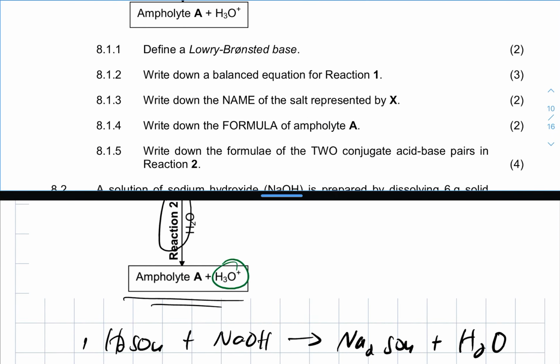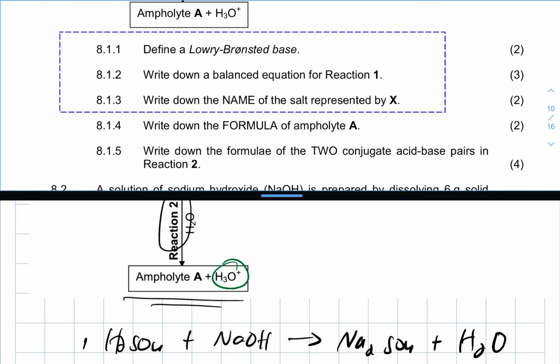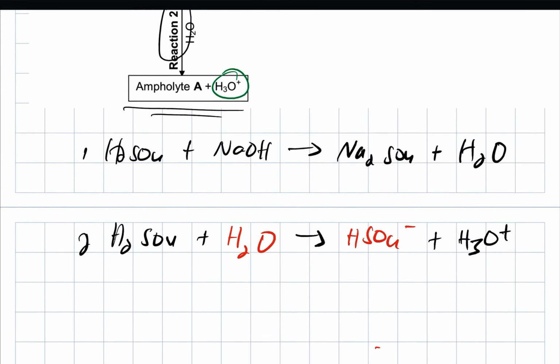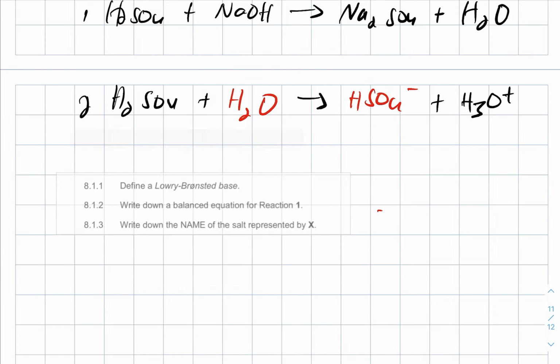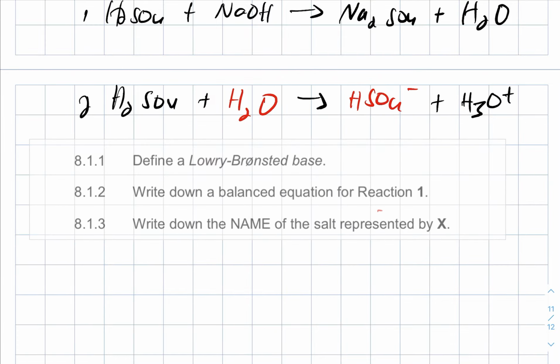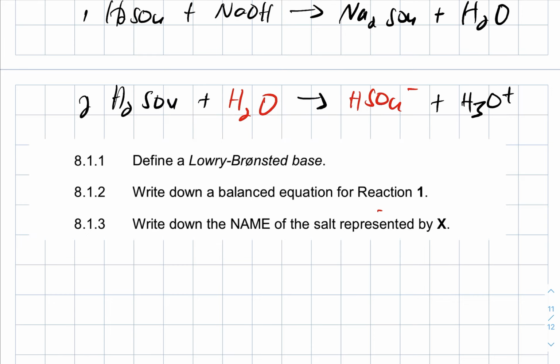I'm just going to take the first question, the second question, and then the third one. The first question, 8.1, they want you to define a Lowry-Bronsted base. Remember, in our acid-base models, we have two types.